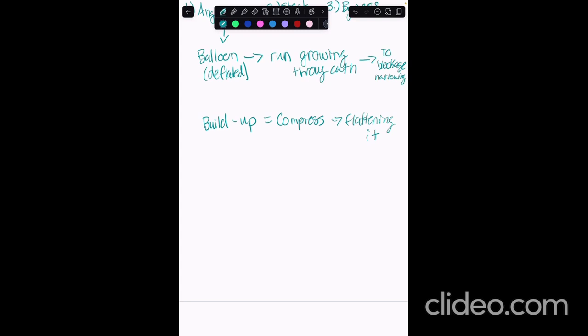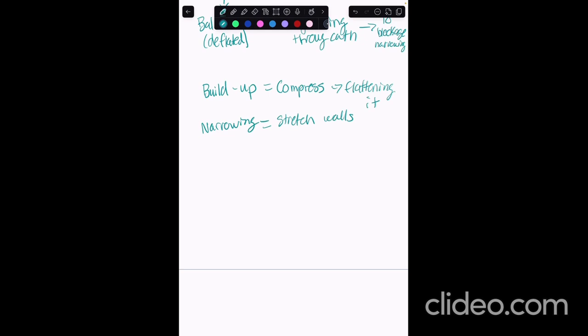And if it's for narrowing, it's basically going to stretch those walls in order to help that blood flow get back to the heart. So to draw a little picture, this is your typical artery. Somebody that has narrowing, it might be very, very small like that.